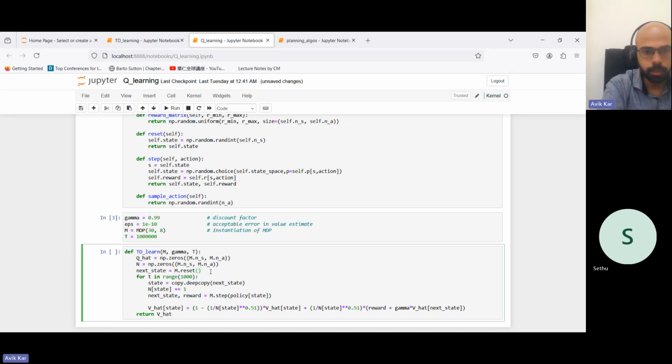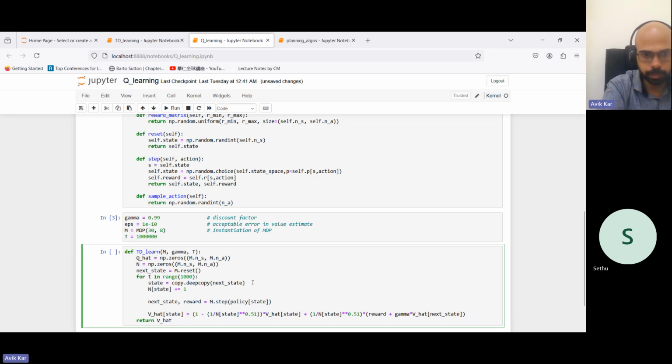Let's decide that we'll pick the greedy action with probability 1 minus 1 by the number of times we have visited a particular state.